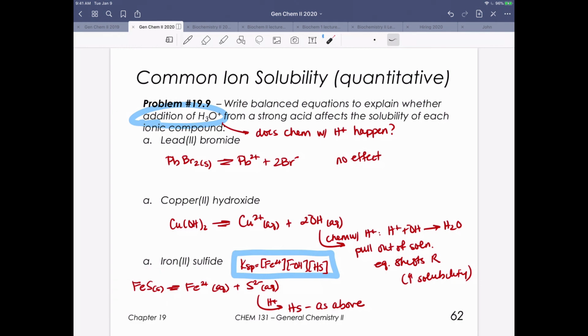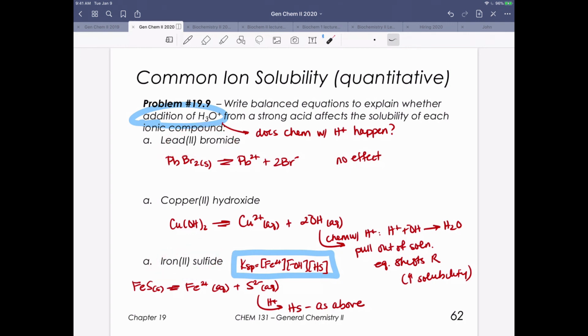So these problems, just as a side note, all had to do with the addition of hydronium ion, addition of acid. We could have easily seen these same three species and asked the question about adding something like copper nitrate to solution. That would actually decrease the solubility of this one and would have no effect on the other two.